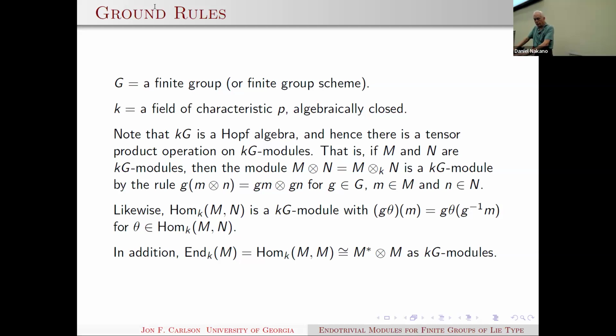So you've got the k-endomorphism ring of M, Hom_k(M,M), as a module, and it's isomorphic to M* tensor M, where M* is the k-dual of M, as kG-modules.